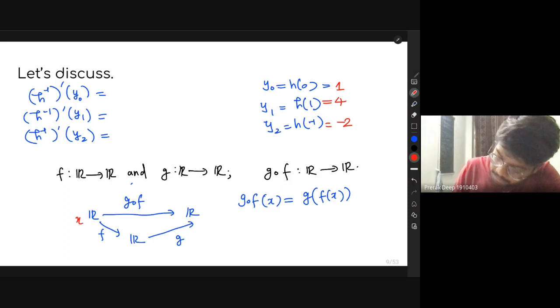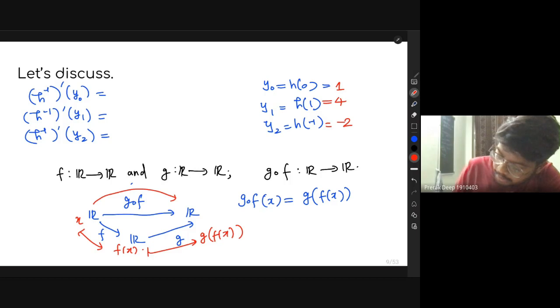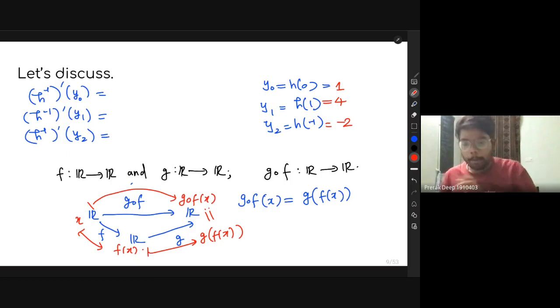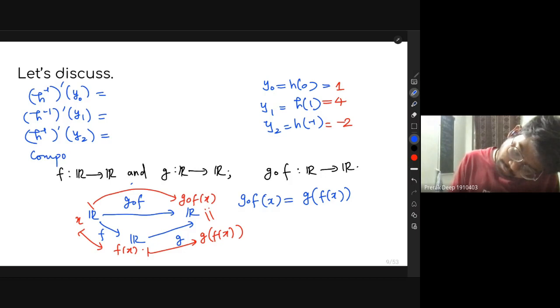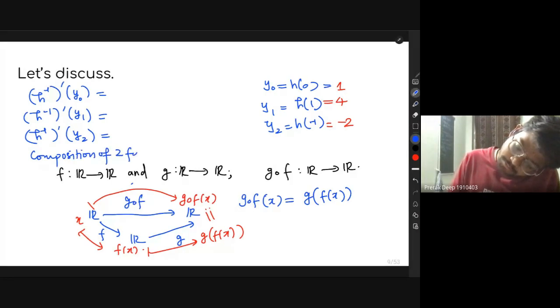So I start with x, I go to f of x, and then I go to g of f of x. This is how we define it. This is a composition of two functions.